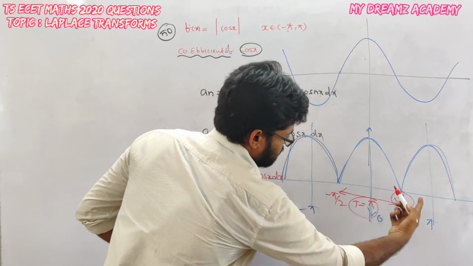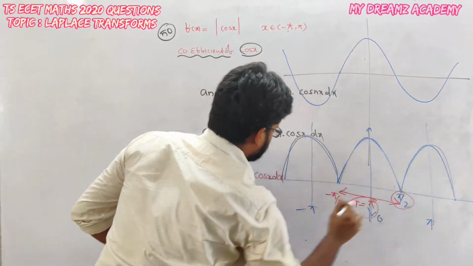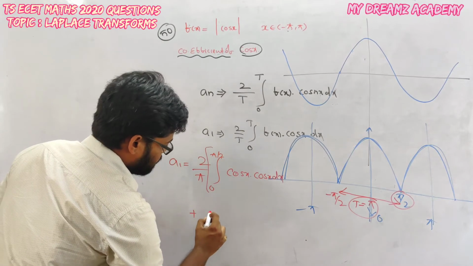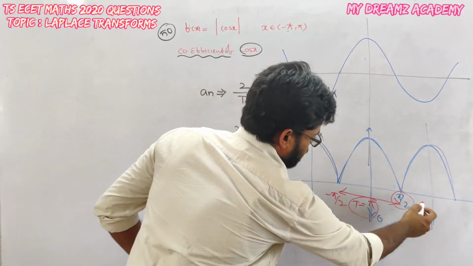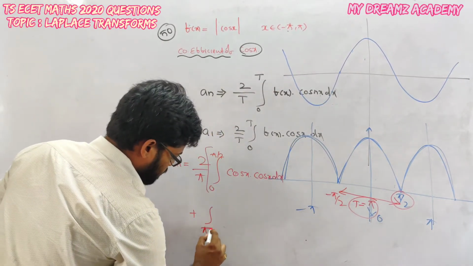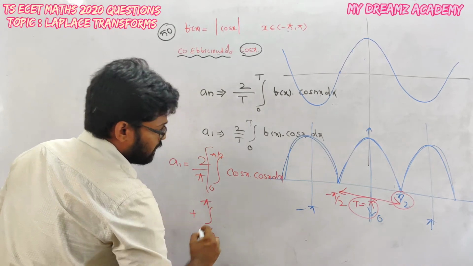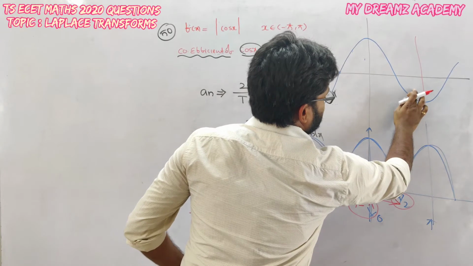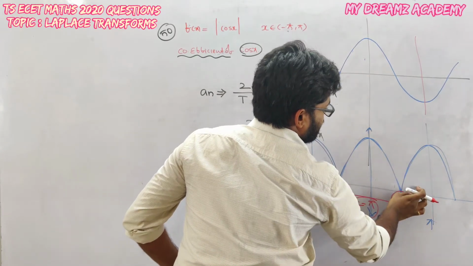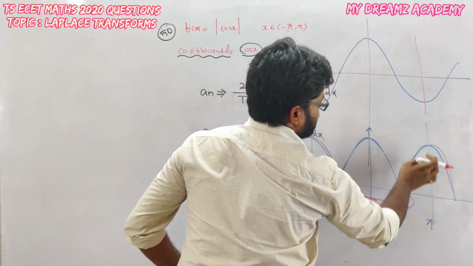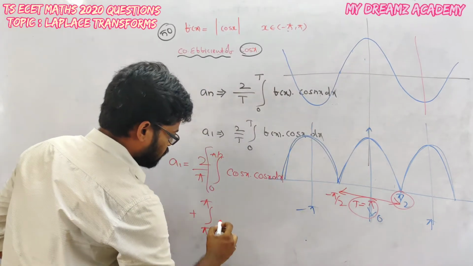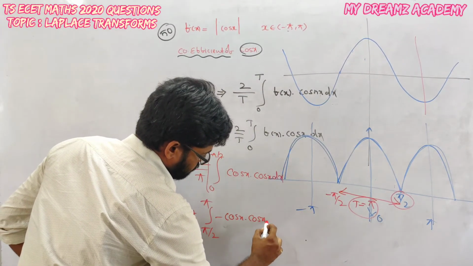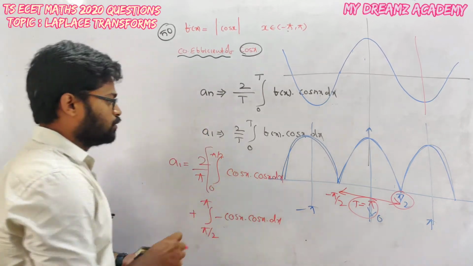Next, plus from pi by 2 to pi it is actually minus cos x, so minus cos x into cos x dx. Now we need to do the integration for this.